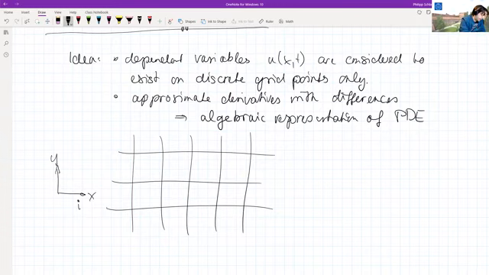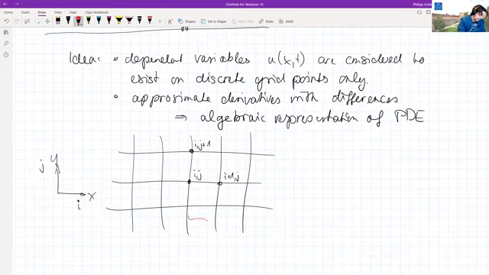I typically take the indices i and j, whereas the i index goes into the x direction and the j index goes into the vertical direction. So for instance, if I call this point to be located at indices i and j, then this point up here would be at i, j plus 1, and this guy would be at i plus 1, comma j.